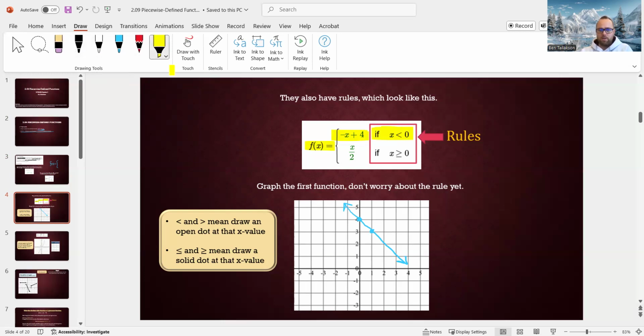Well, on our graph, clearly x values less than 0 are over here. And for these points on this line, those x values are not 0, are they? So what we need to do is actually chop off that part of the graph and only keep that part.